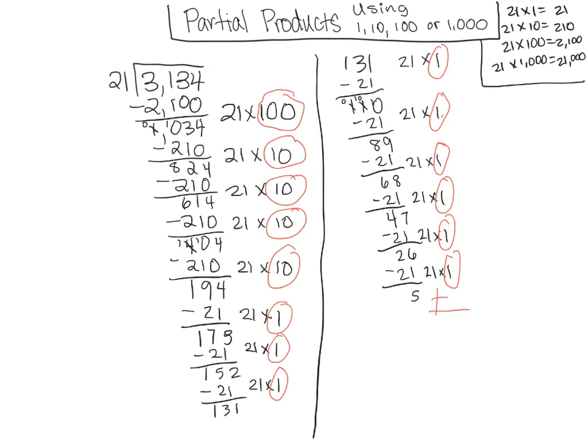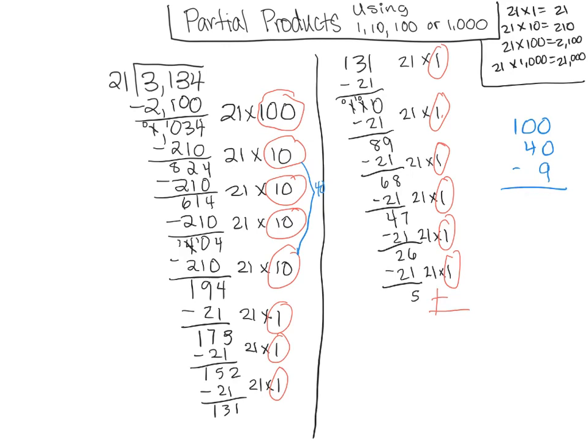Now here I know that that's 100. Here we have 10, 20, 30, 40. So I'm just going to write down 40. Now I'll just write it on the side. So we have 100, we have 40, and I'm going to add my ones. 1, 2, 3, 4, 5, 6, 7, 8, 9.